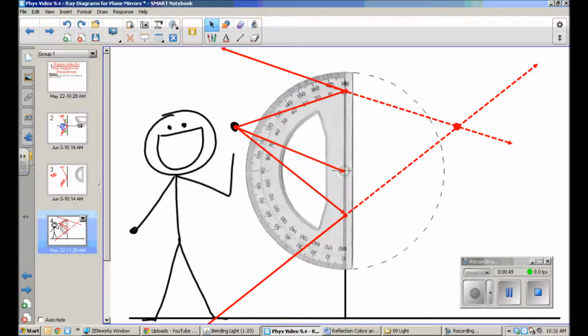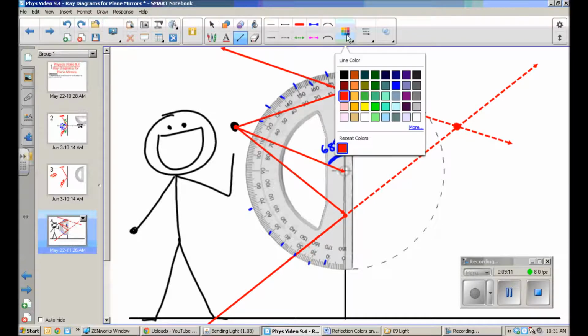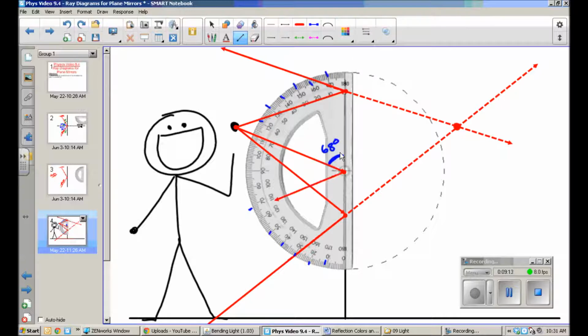It looks now like for my new angle, I want to measure this angle here. So 10, 20, 30, 40, 50, 68 degrees, it looks like maybe. That means my reflection needs to be at 68 degrees. So 10, 20, 30, 40, 50, 68 degrees is right about there. Put in your reflected beam, 68 degrees.